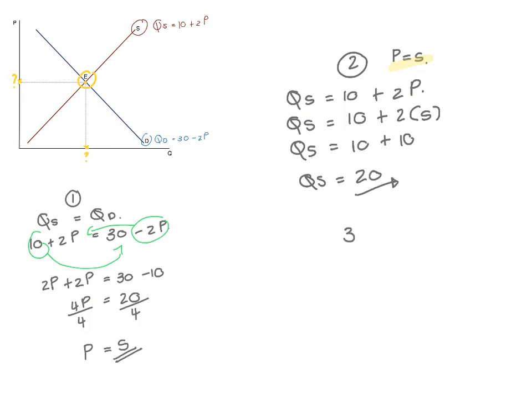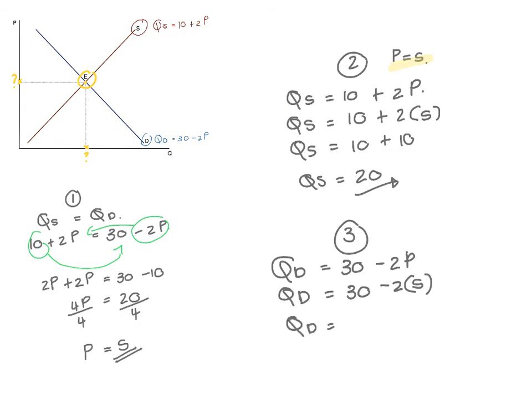In order to confirm that our calculated value for quantity is correct, we will do the exact same method by substituting our calculated value for P into our demand function. Quantity demand is equal to 30 minus 2P, and we will substitute our calculated value for P into this equation.